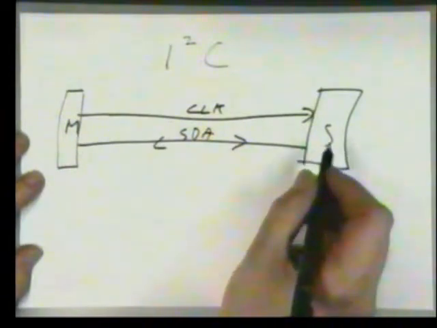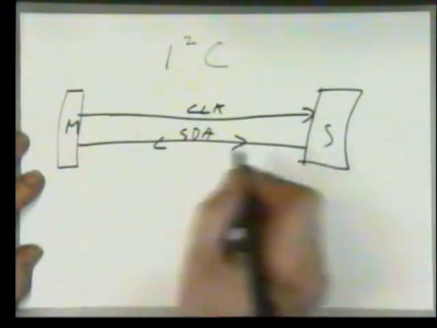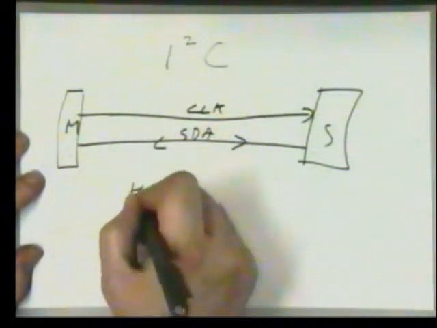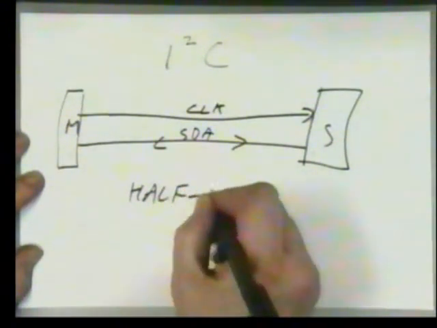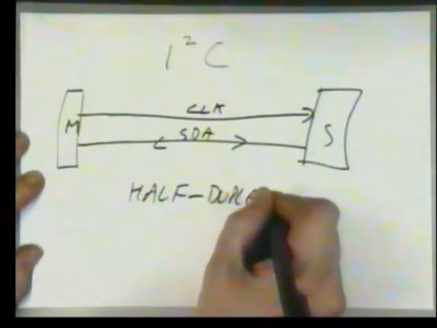Either of them can transmit from master to slave or slave to master, but now that is a half duplex standard. They can't both talk at the same time. No, it's like the telephone. You can't both talk at the same time. If you both talk at the same time, nobody will hear anything. You've got to take it in turns. So the master transmits out data, a command, and the slave then sends the result back in a master-slave relationship, half duplex.